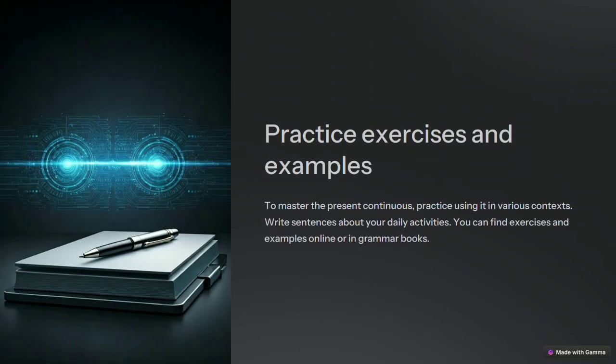Practice exercises and examples. Okay, remember that practice makes perfect. If you want to improve your English, please practice and do more examples, do more exercises to master your grammatical mistakes or to master your English.